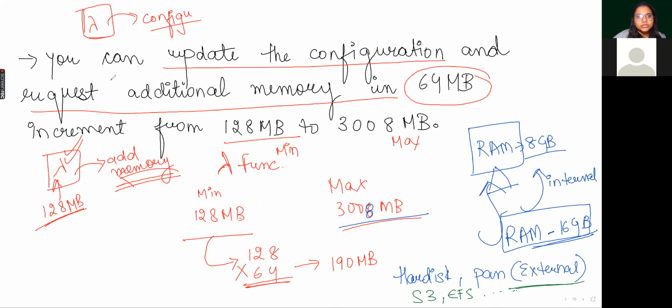You can update the configuration to request additional memory, means you can easily add memory to your Lambda function. Okay, but it should be in multiples of 64 MB. The minimum is 128 MB you can take, and the maximum is 3008 MB you can take.